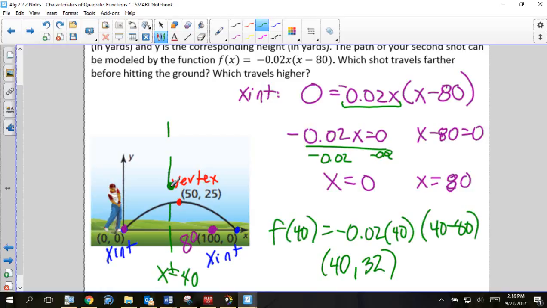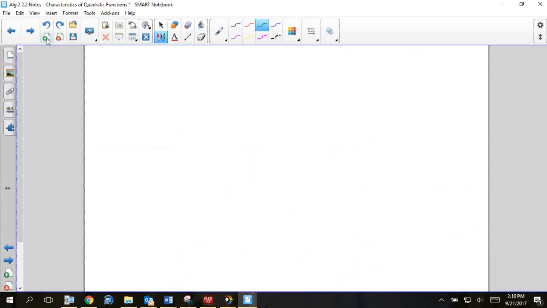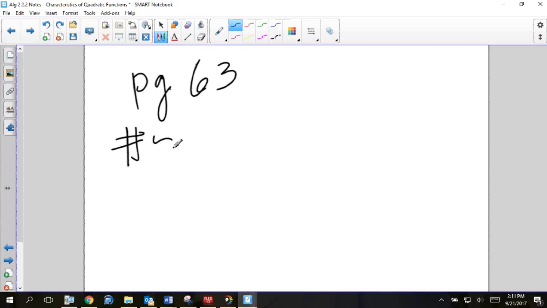Okay? So our assignment is in the book. Are we good with this? It's in the book, and I have graph paper for you. It is on the wall also. It is page 63. And it's all graphing, so I'll hand you graph paper.